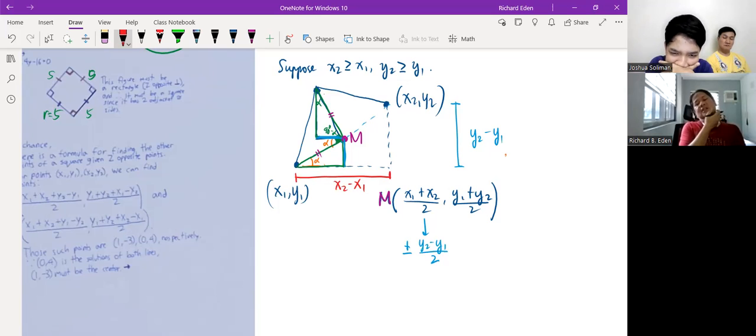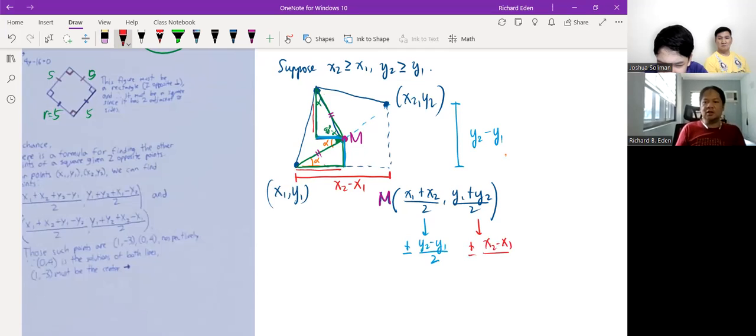Because this horizontal green segment is not on the other side of the square. So when you rotate it along the pinwheel, it's also not going to be on the side of the square. Is that all right? So therefore, x2 minus x1. So from the midpoint, we have to do plus or minus (x2 minus x1) divided by 2.